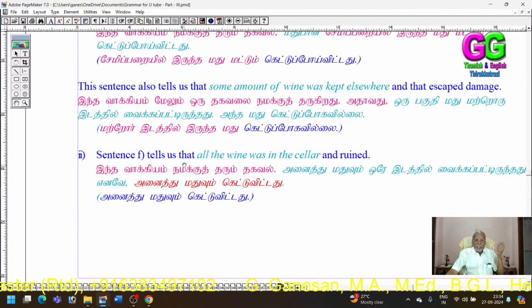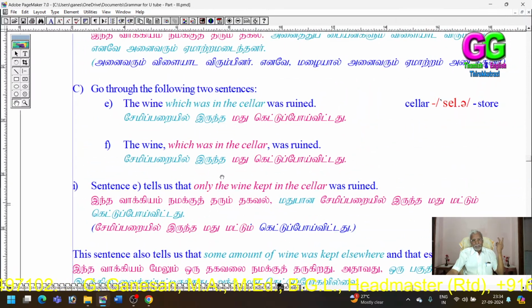Sentence F tells us that all the wine was in the cellar and ruined. Thus, in examples A and B, we saw relative clauses regarding persons. In C, we saw the relative clause regarding things.